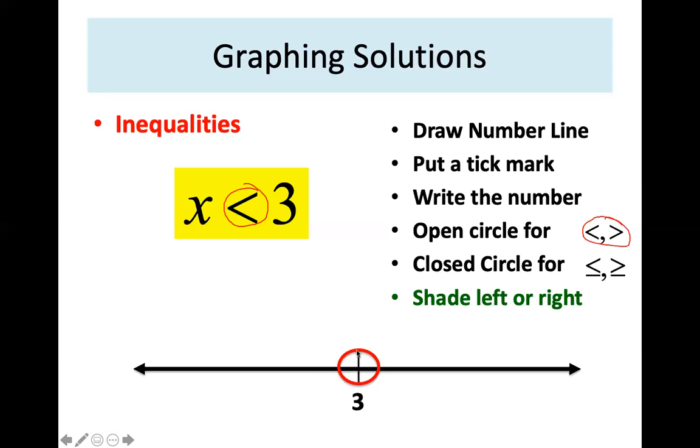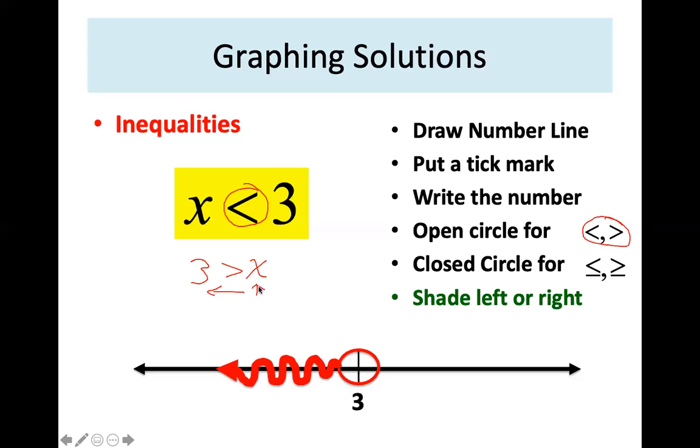Well, here's my number line. 3 is right here. This says the solutions are smaller than 3. Well, where are the numbers smaller than 3? They're on the left side. Okay. Contrast that if it said it the other way. We read that from left to right, it says 3 is greater than x. But remember, I ask you to read it from variable to number.